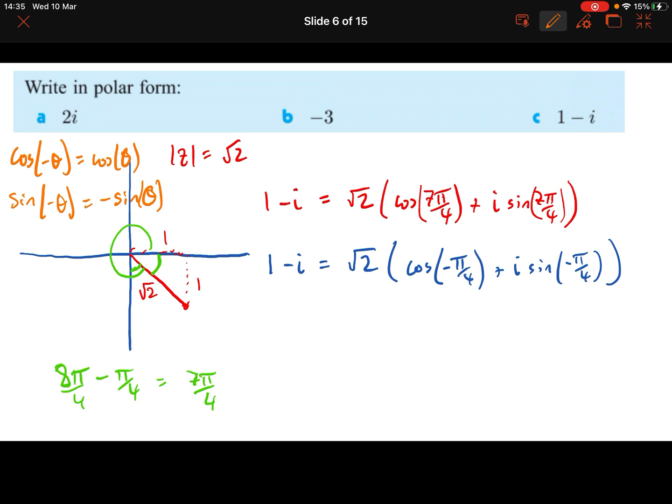They are absolutely equivalent. So another way of rewriting this is that it's equal to the square root of 2, cosine of pi over 4, minus i sine of pi over 4. Okay, so all three of those would be correct ways of writing the Cartesian complex number 1 minus i. Very, very useful stuff.